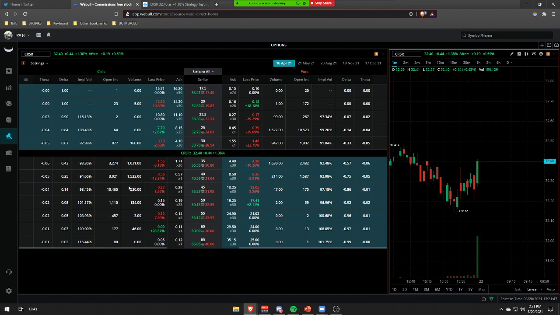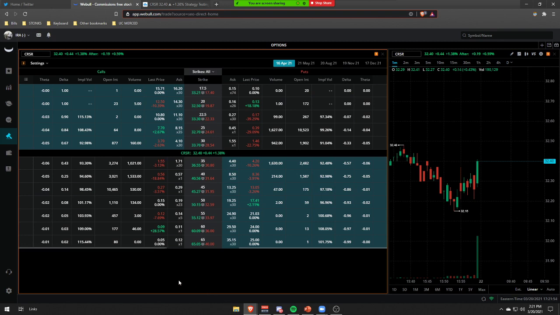Why would 35 be worse than 45 since it has high volume? The reason why a lot of people don't get in the money is because the IV goes down once it's in the money. The IV starts becoming very slim, so you're just basically reaping on delta at that point once you're in the money.